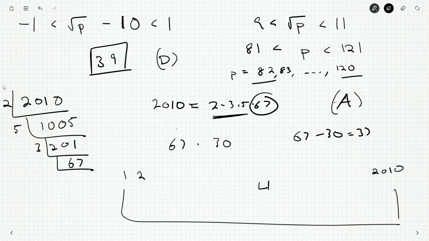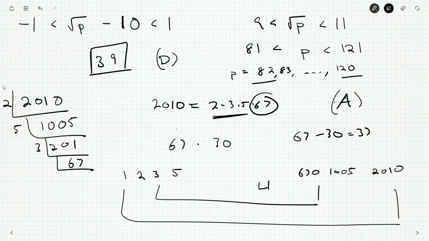But you can get 2, 1005. You can get 3. 2010 divided by 3 is 670. So those guys are together. 2010 divided by 5 is 402. You'll notice they're getting closer, and if you wanted to make their differences, you can actually start making them. The next one would be 6, and so 6 is 2010.